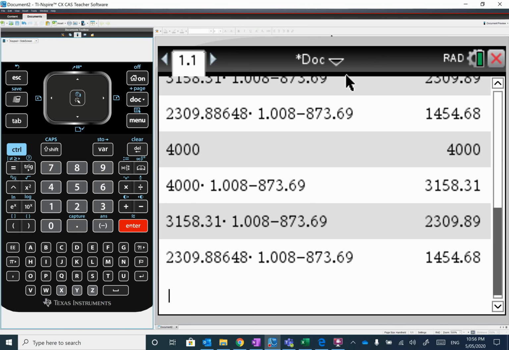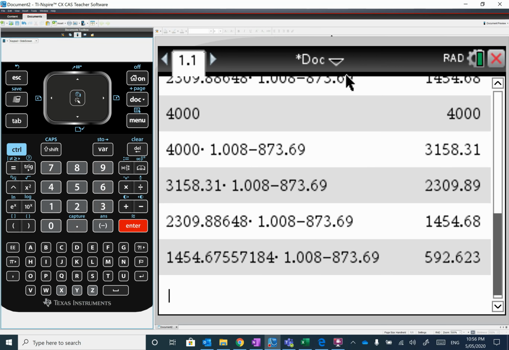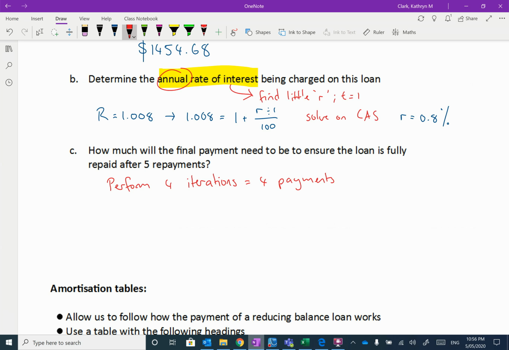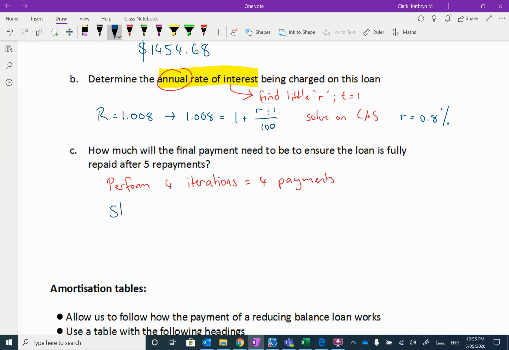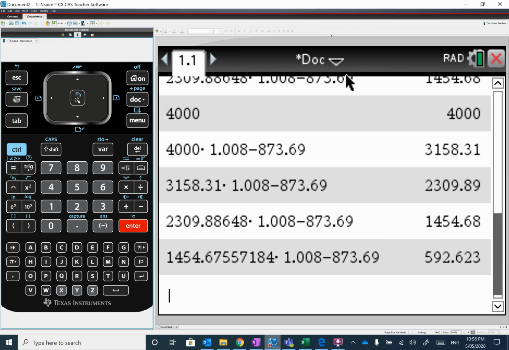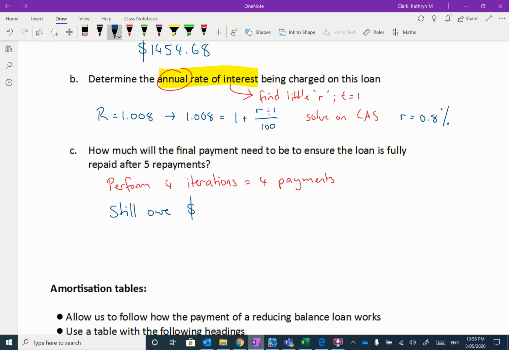Oh no, I want 4 payments, don't I? There you go. So I now owe $592.62. So yes, good. So I still owe that amount, 592.62.